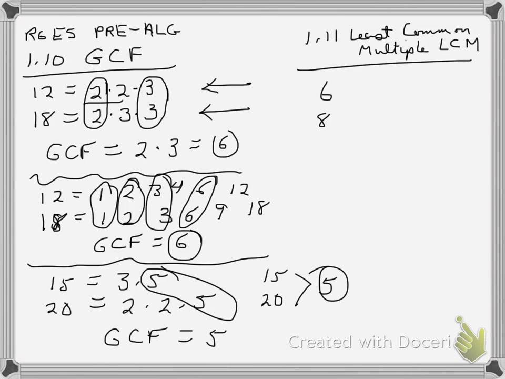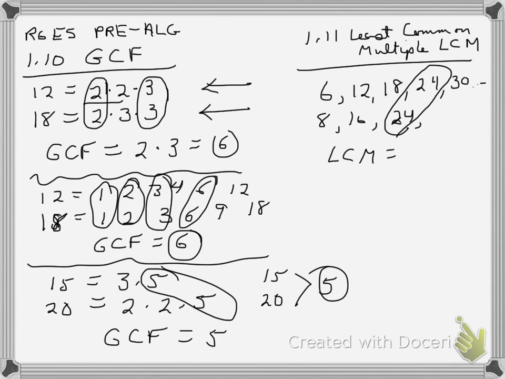One is I can count forward by sixes: 6, 12, 18, 24, 30, etc. I can count forward by eights: 8, 16, 24, 32, and I could have really stopped with the 24 because I noticed, oh, there's one they share. So the least common multiple is the number that both 6 and 8 can be multiplied by some number to equal 24.